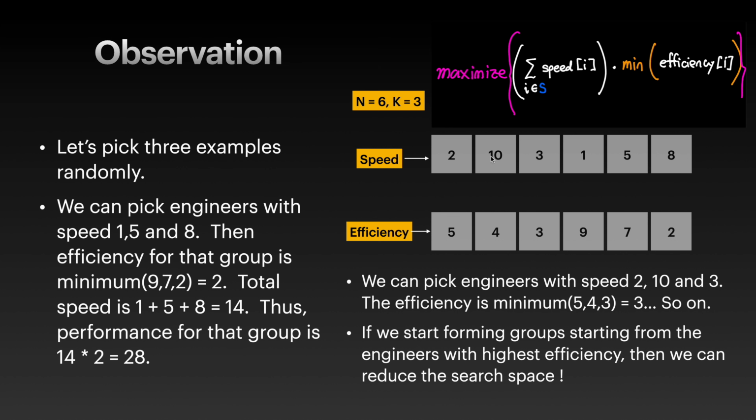If we pick, say, the first 3 engineers, then the minimum efficiency will be 3, and the speed will be 15. So we have 15 times 3, that will be 45.